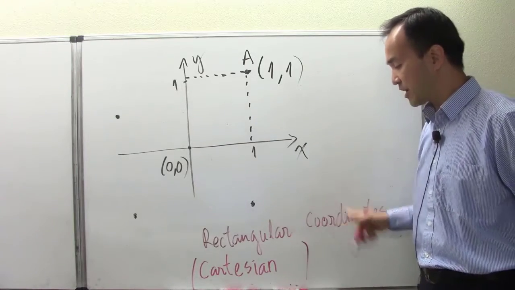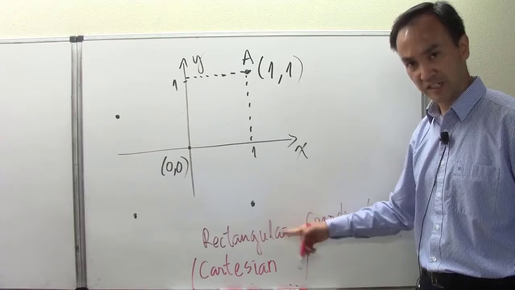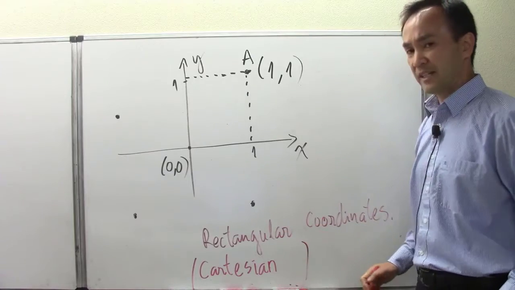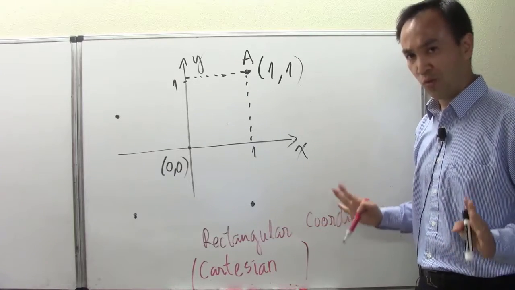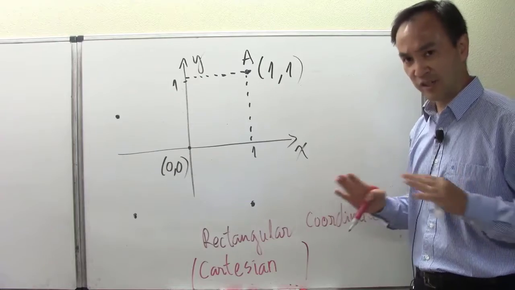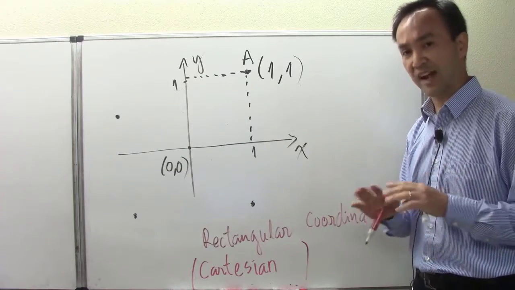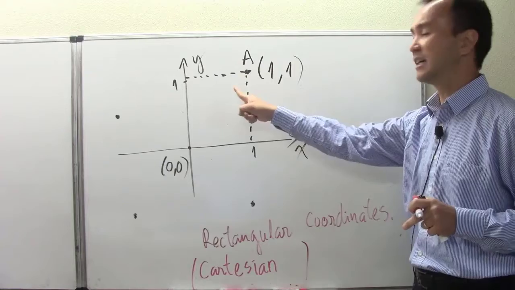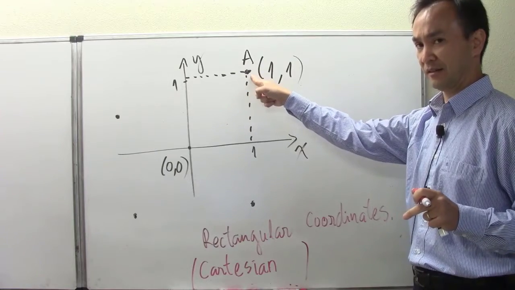So rectangular coordinates or Cartesian coordinates are essentially the same. Like I said earlier, that's just one way, and it's the way we have been knowing how to represent a point on the plane here.